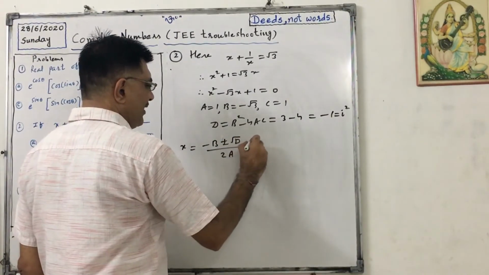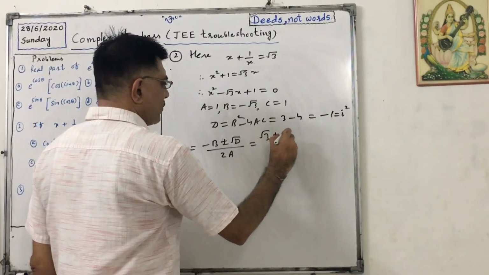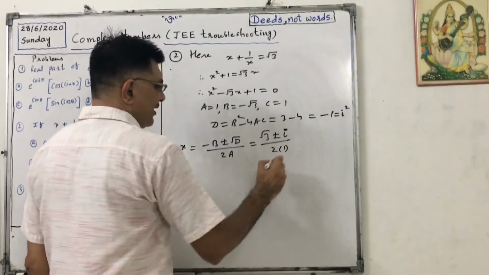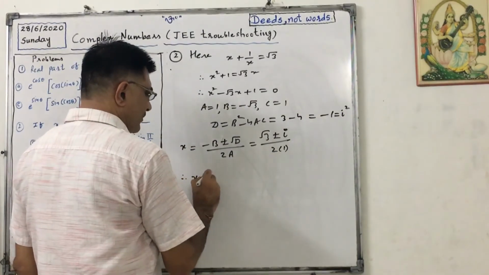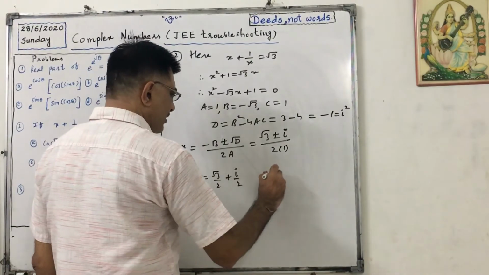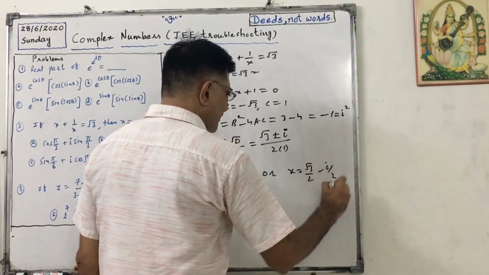We know it. So that will be minus of minus root 3, that is root 3, plus or minus root d is I, upon 2a is 2. So there are two possibilities: x equals root 3 by 2 plus I by 2, or x equals root 3 by 2 minus I by 2.